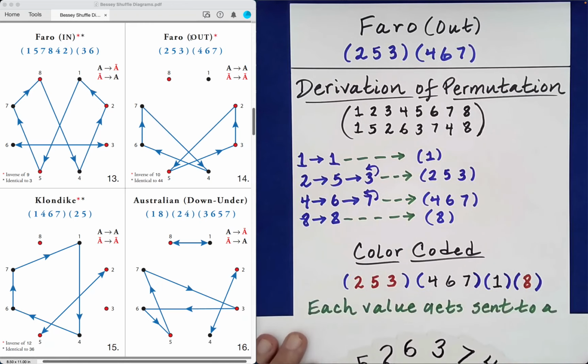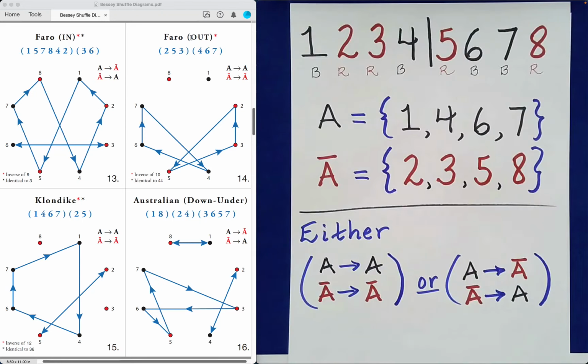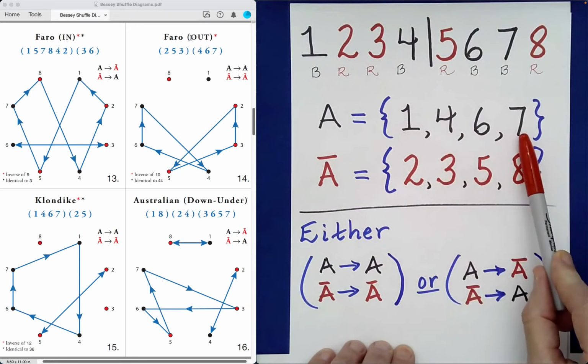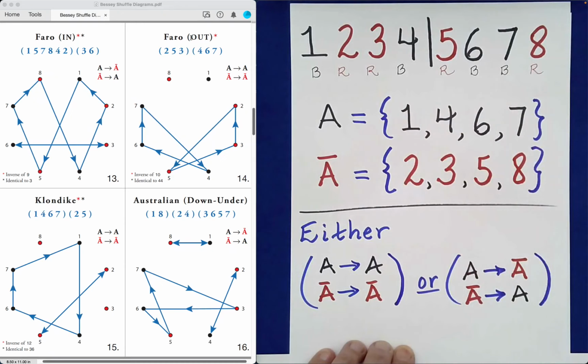So what this will mean in particular is that each value gets sent to a value of the same color, and this means that inversion has not occurred. This simply means that the cards in these positions will stay in those positions, 1, 4, 6, 7, and the same thing is true for the complement of A. Cards in these positions here will stay in positions 2, 3, 5, 8.